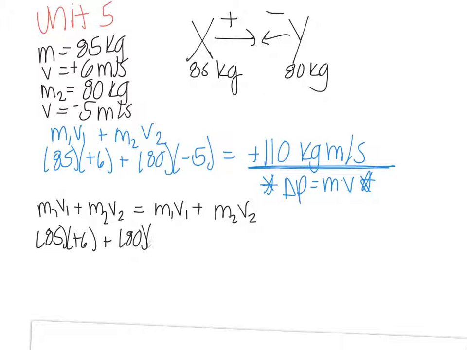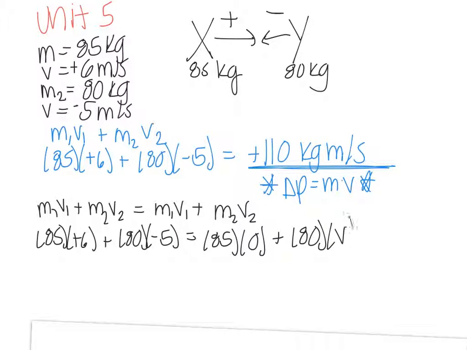It says if Lippett comes to a stop. Lippett is our 85 kilogram. If he comes to a stop, his velocity is going to be 0. Then we know this guy has a mass of 80, and we're solving for v there. We know from above this is equal to a positive 110, and this will be equal to 0 plus 80v. Divide 110 by 80.